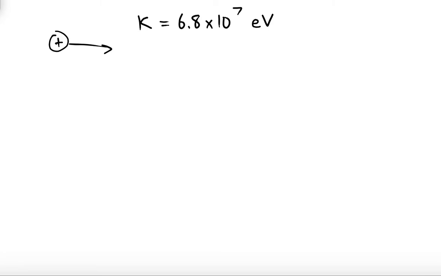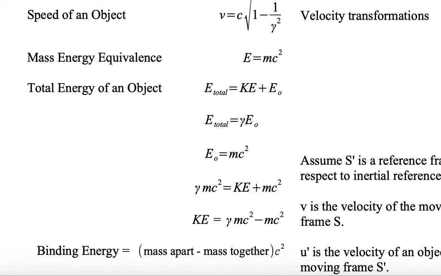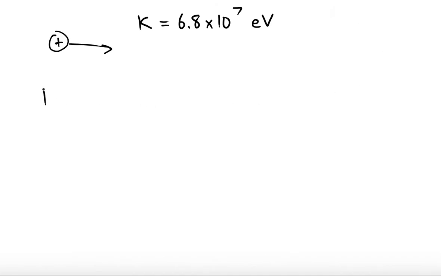The formula is that E total equals the kinetic energy plus something called E naught.